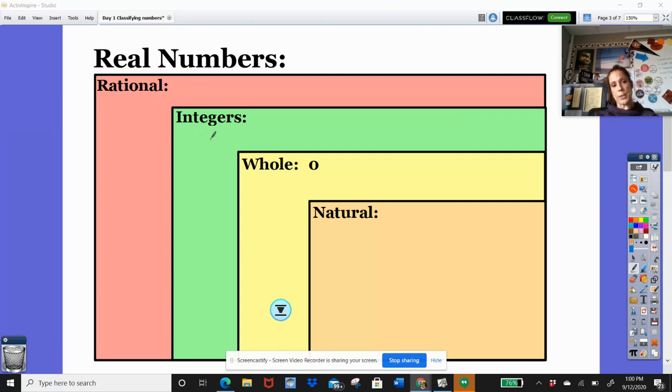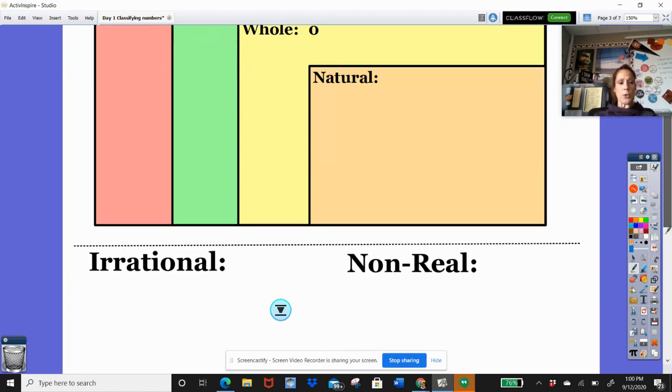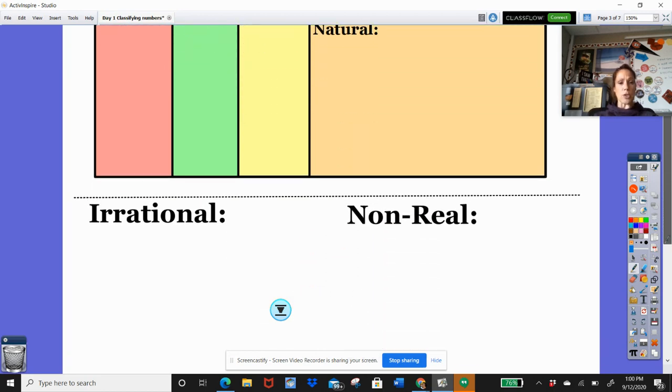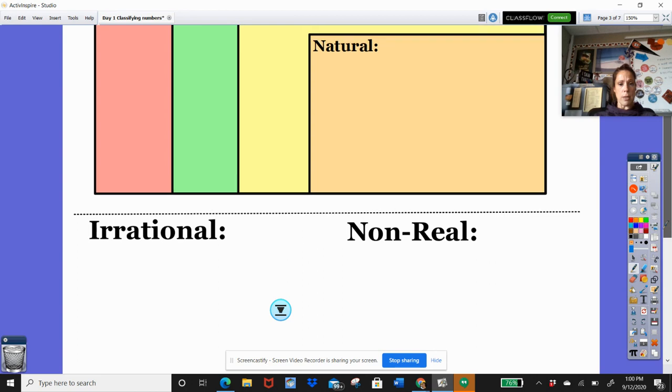But you can't go this way. What I mean by that is 0, you could write it again here because 0 is an integer and 0 is rational, but we're only going to write down the numbers once. I'm going to give you a list of numbers that I want you to put in there. And then at the bottom of this, I want you to also write where irrational and non-real numbers go.